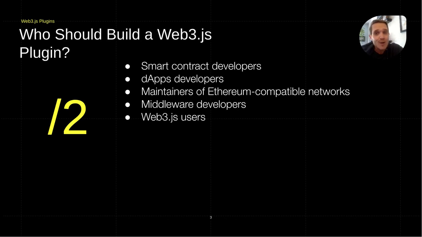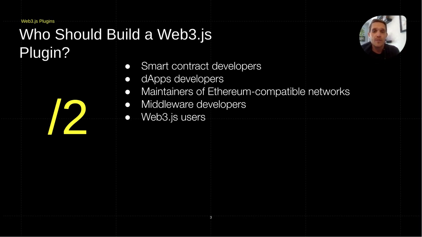So who should be building a Web3.js plugin? Springboarding off the previous slide, it could be built by a smart contract developer who wants to make it easy for other developers to interact with their smart contracts, or dApp developers with similar desires. It could be maintainers of Ethereum compatible networks who want to have a built-in user base of everyone already using Web3.js, making it easy for them to use that familiar SDK to interact with their network.